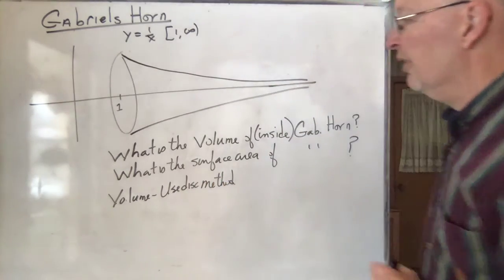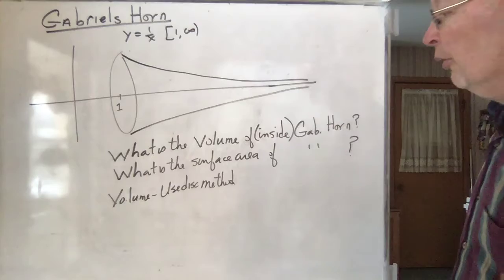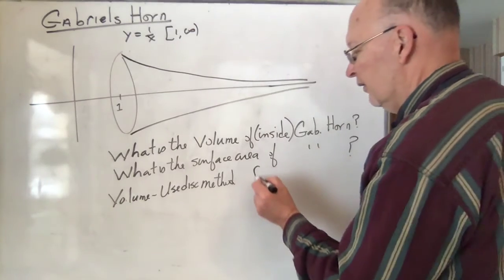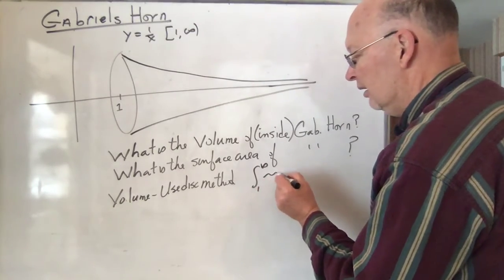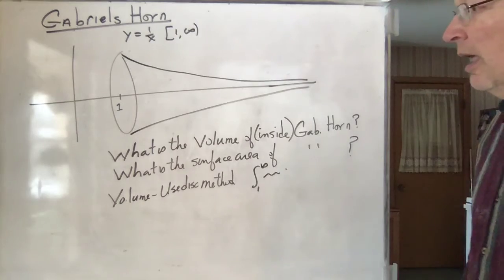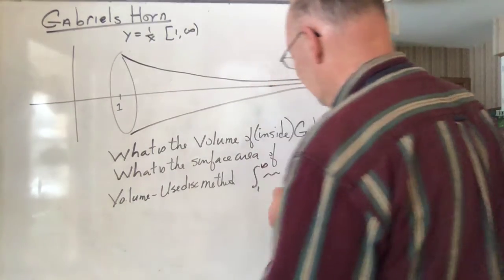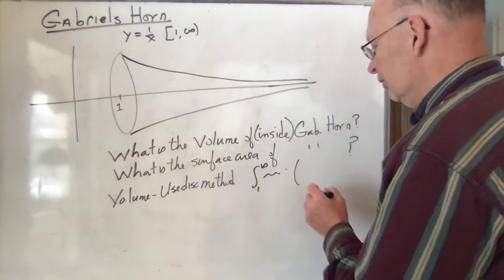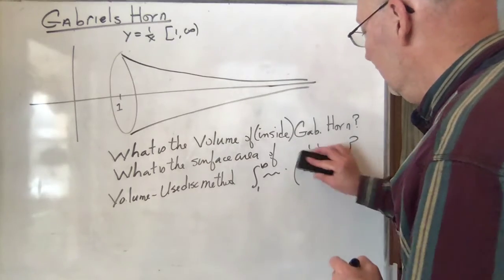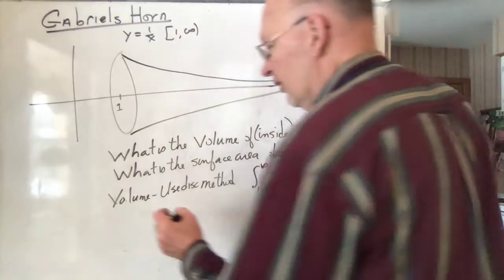Okay, use the disk method, and of course you're going to go all the way out from 1 to infinity. I'm not going to tell you what happens. I'm just going to let you find out for yourself.